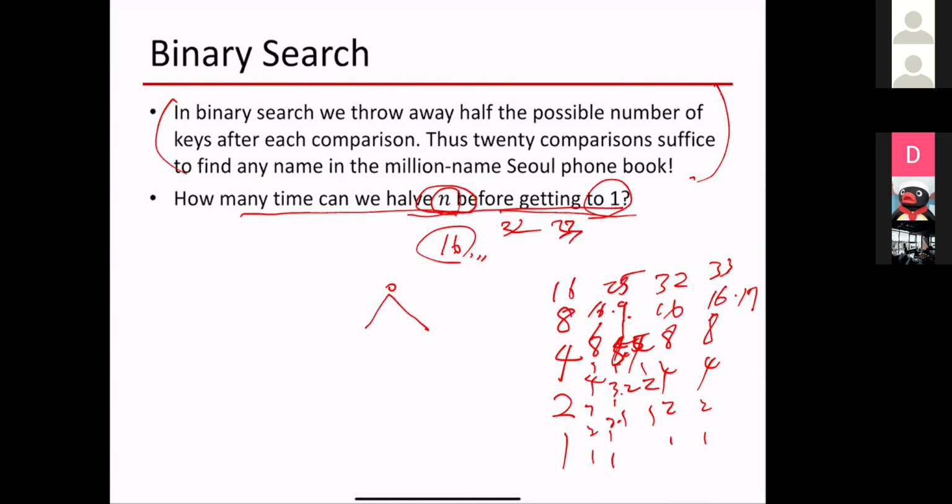So how many times can we halve n before getting 1? Who knows the answer? Log 2n. Log 2n plus 1.